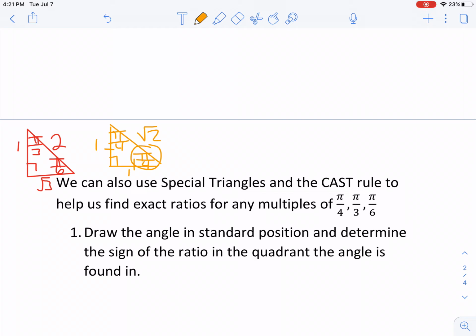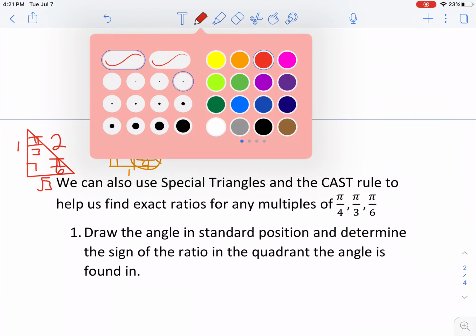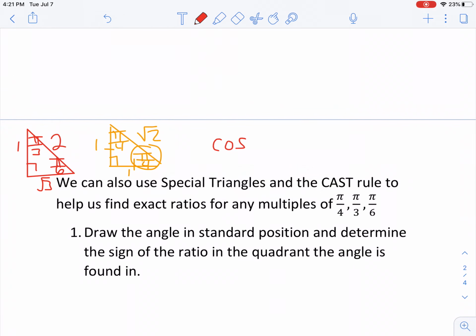So if I asked you something like, what is cos pi by 6, that's a first quadrant angle. That's the same as cos of 30 degrees. You would go over to your triangle, look at pi by 6, and look for the adjacent and the hypotenuse, which would give us root 3 over 2.